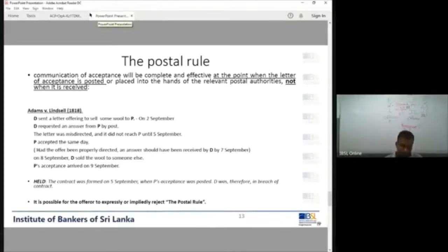So it says communication of acceptance will be complete and effective at the point when the letter of acceptance is posted or placed into the hands of the relevant postal authority, not when it is received.